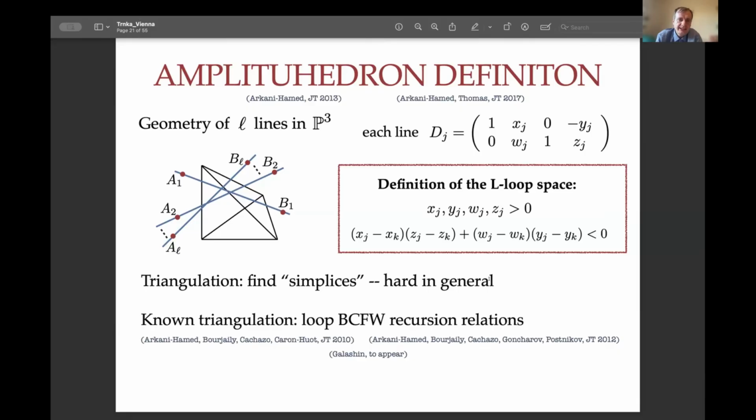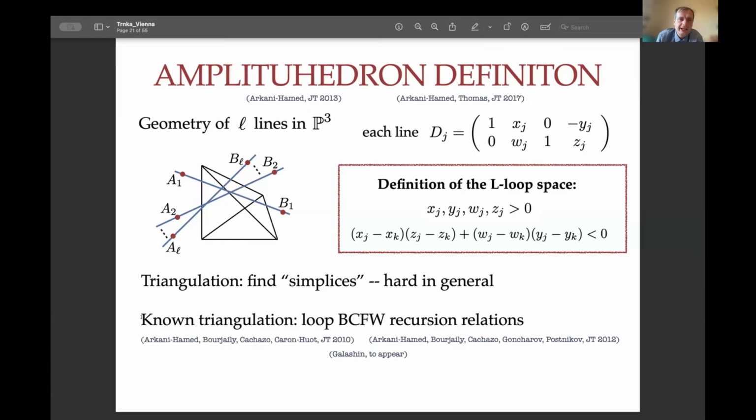And it is now a difficult question to take these inequalities, even in these particular parameters, which seem to be very convenient for this problem, and triangulate the space and find, in terms of some simpler geometries, some analogs of simplices, for which the canonical form would be trivial, and then sum over all of them. So this is still very hard to do in general, and it was explicitly done only up to 3 loops.